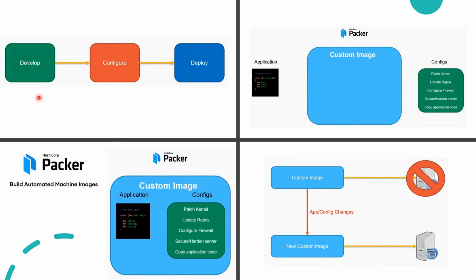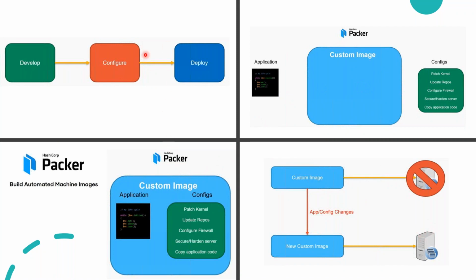So here, instead of developing the code and then deploying the server and then configuring it, we get the code added to your custom image. We also do all the different OS installation, packaging and so on using tools like Packer or Docker. And then we get those images deployed onto the server.